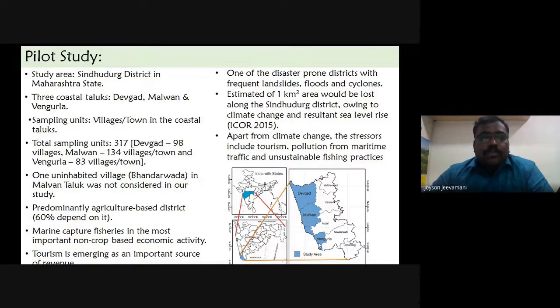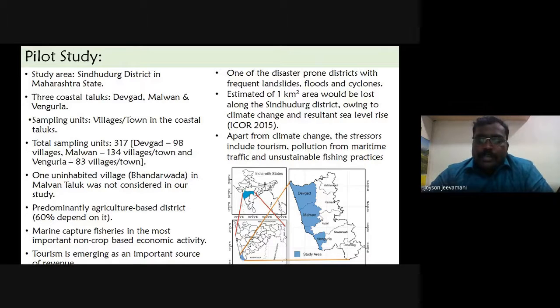Whereas the district has 8 taluks, but since our aim is coastal vulnerability, we focused our research on the coastal taluks. So here our sampling units are the villages and towns in the 3 coastal taluks. Totally we have 317 villages and towns in these 3 taluks. One village is uninhabited, so we neglect that village.